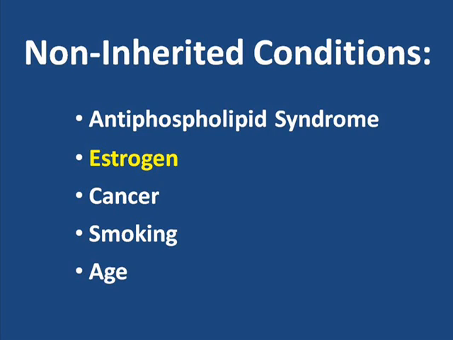Due to the effect of estrogen, the use of some oral contraceptives, hormone replacement therapy, and even pregnancy itself may increase the likelihood of thrombosis. Some types of cancers release chemicals which cause the blood to become more coagulable. Cigarette smoking is thought to make the platelets more sticky, and advanced age is thought to increase platelet aggregation.